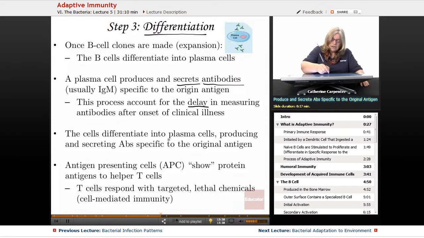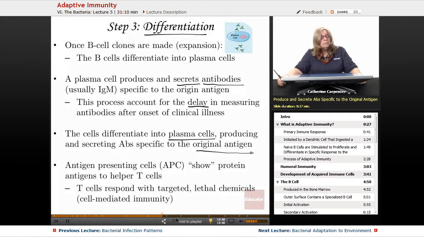Now, these cells end up becoming plasma cells, and it's the plasma cells that secrete the antibodies that, remember, are specific to the original antigen. But we also have these other cells. Now, the B cells can also do what's called presentation. They can present the antigen, and some of the B cells are involved in that process.